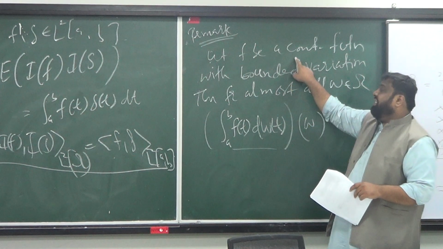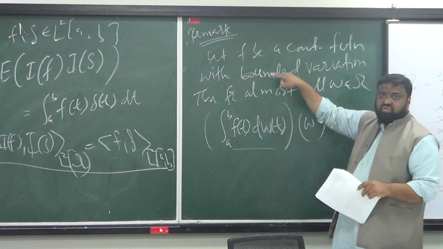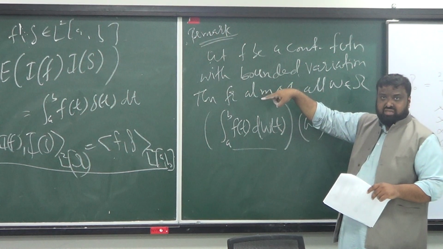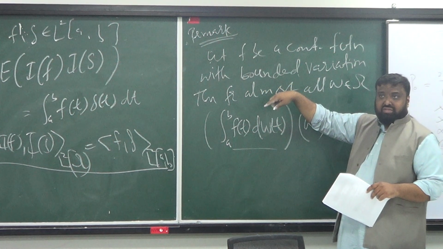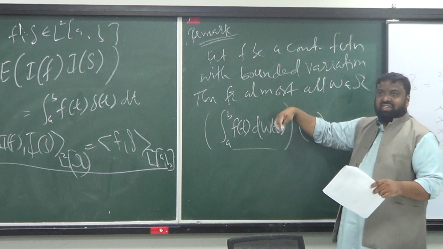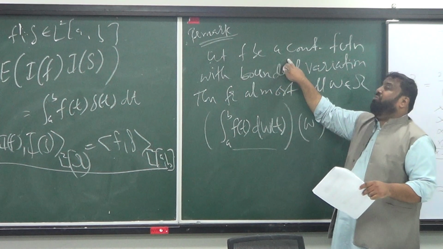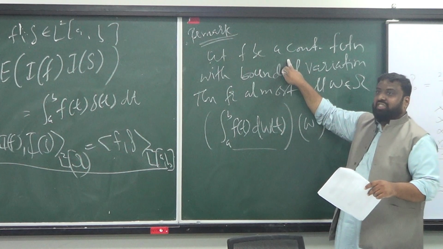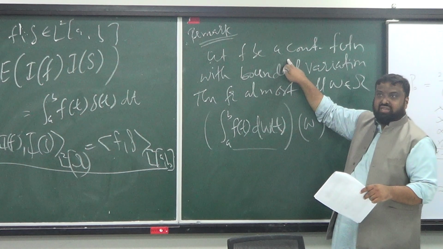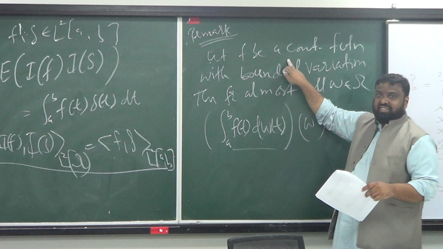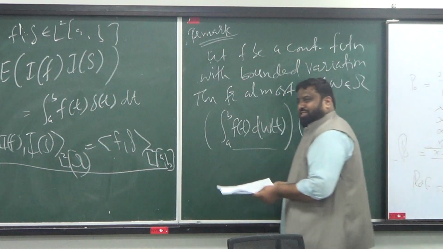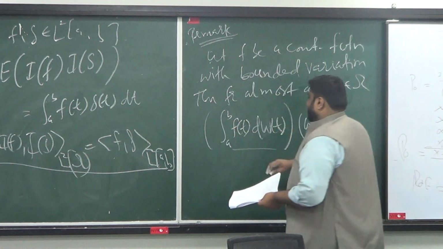So if I have a continuous function, is it going to be in L2 of AB? I'm not assuming f to be in L2 of AB, I'm saying it's continuous actually. Would that be square integrable? Anyway, so this makes sense.